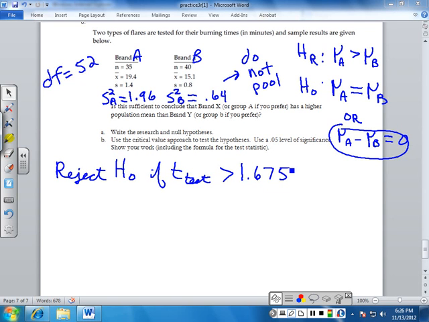Just as a side note, you have the pooled and the unpooled tests. When you calculate the t-test value, they're going to be really close no matter which one. What changes is the degrees of freedom. In this one, the degrees of freedom is 52. If this were pooled, it would be 35 plus 40, that's 75 minus 2, or 73.